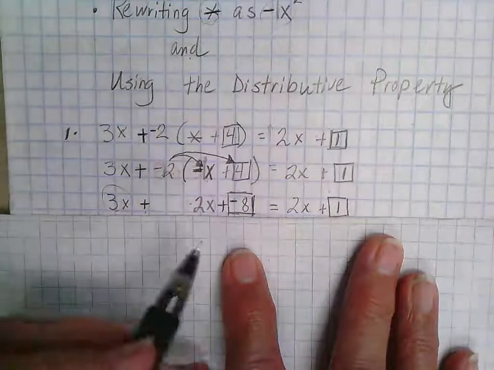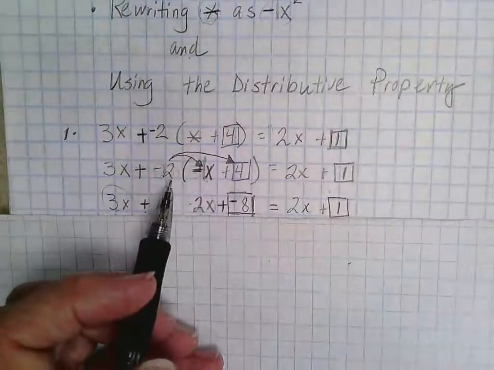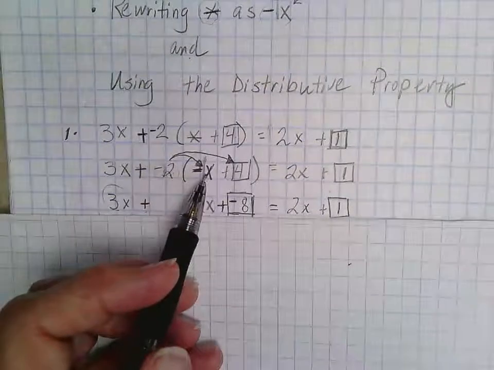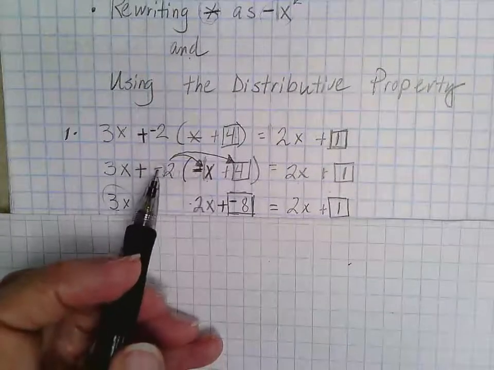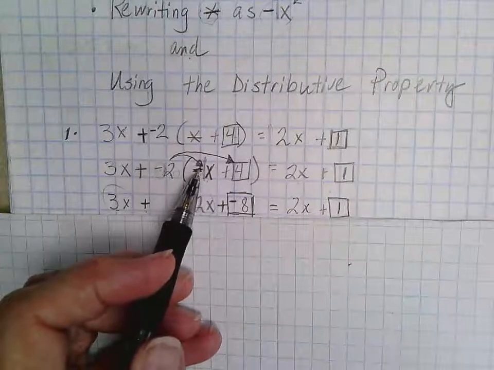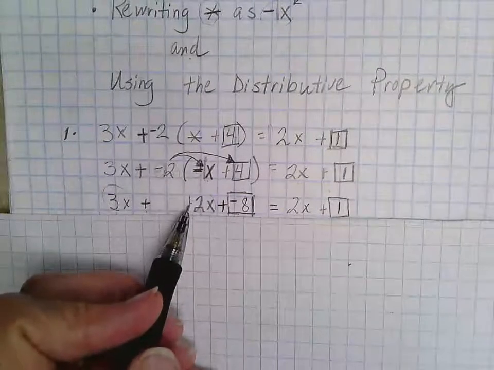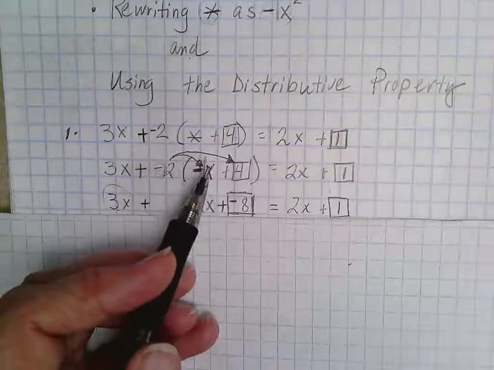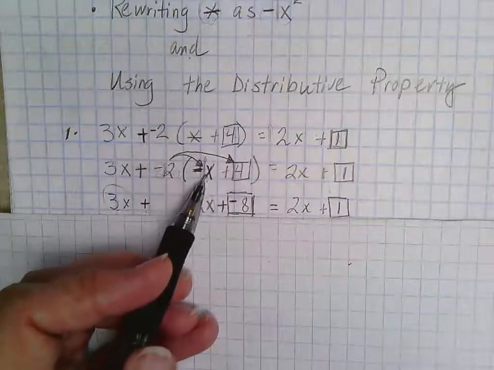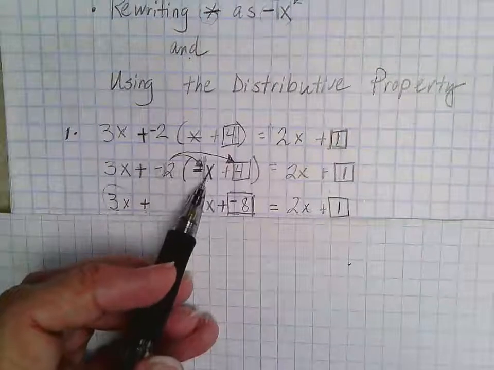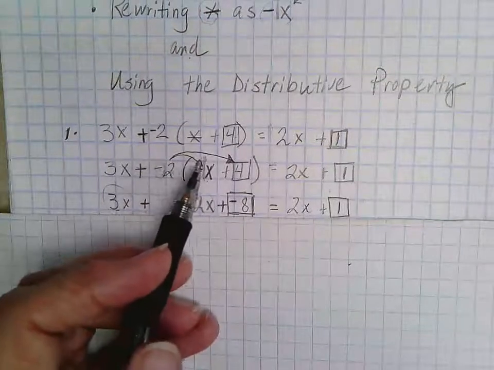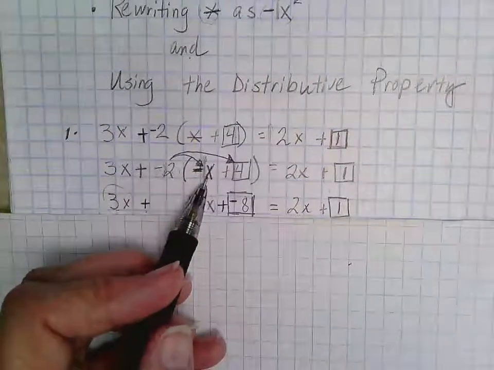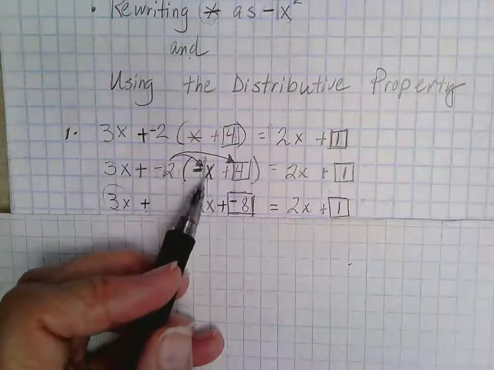The next step is to distribute that 2. So we're going to take a negative 2 times a negative x. A negative times a negative is a positive. And 2 times x, or here I drew in the little invisible 1, 2 times 1 is 2, and the x is attached to the number.